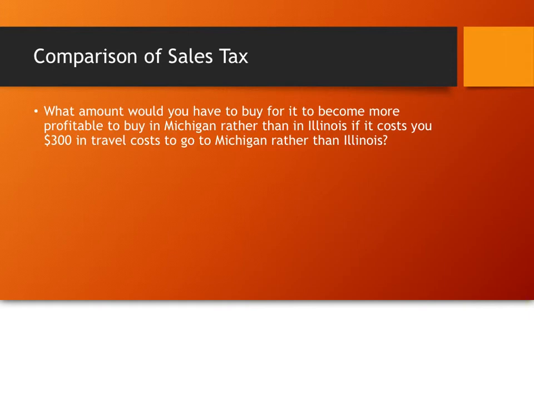So if they want to buy something in Michigan to get the lower tax rate, it's going to cost $300. Now, the question comes: when is it actually worth making the trip? When is it more profitable to buy in Michigan rather than Illinois if it costs you $300 to go to Michigan rather than stay in Illinois?